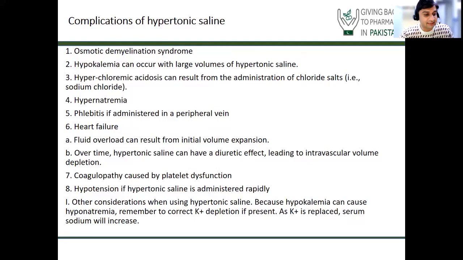We have already discussed, there is always chance that those patients might have fluid overload at some stage if we give too much fluid. Coagulopathy, which is caused by platelet dysfunction, and hypertension. Hypokalemia should always be corrected along with hyponatremia, as we discussed in previous slides.